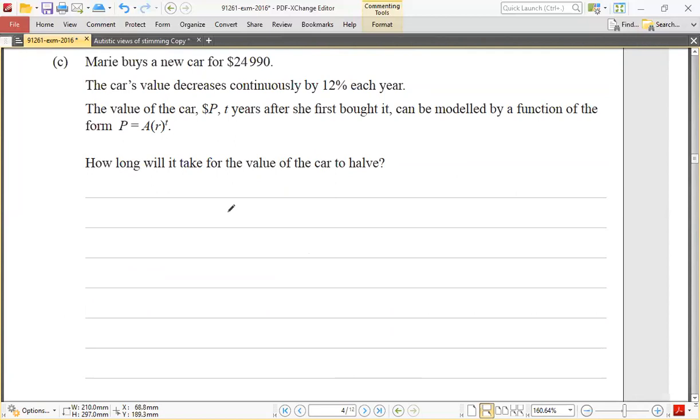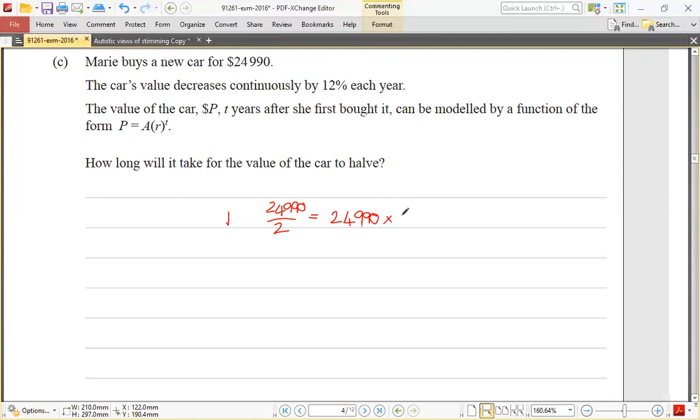So they've said P, we're looking at half the value. So that's going to be 24,990 over 2 is going to equal 24,990 times, what's the value of R?